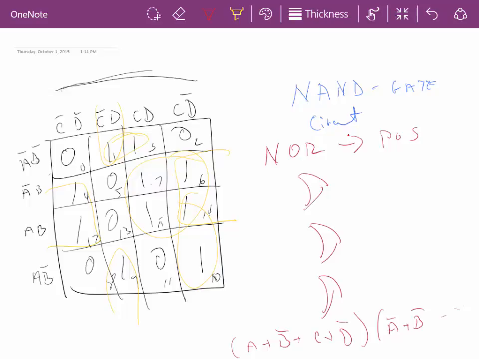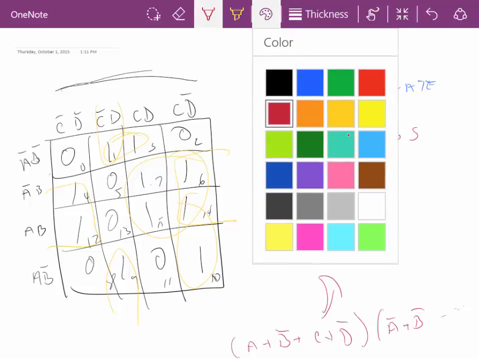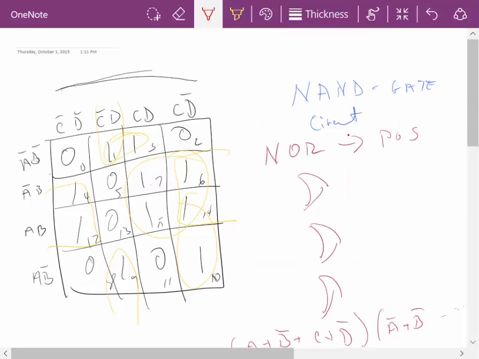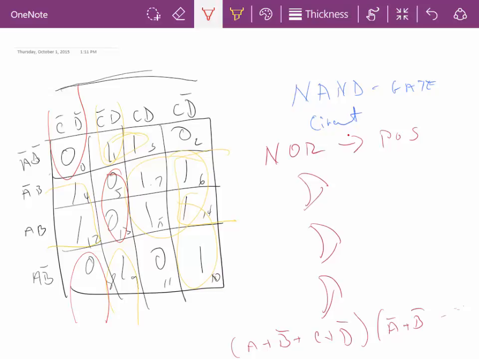So going back to this right here, we circle our zeros. When we look at the zeros, we've got 2 zeros here, 2 zeros here, and 2 zeros here, and 1 zero here.